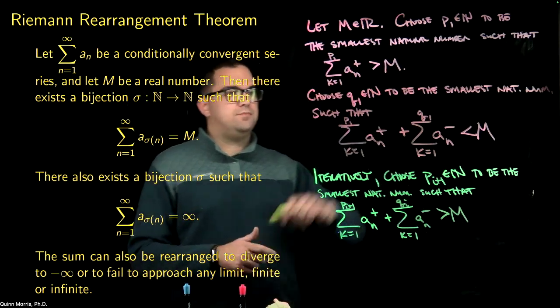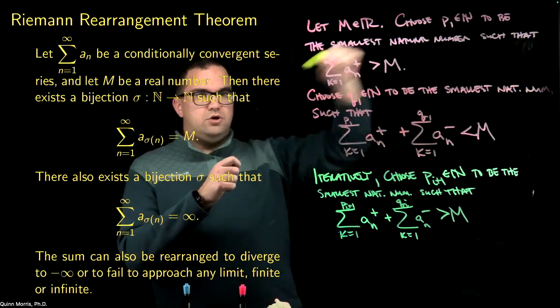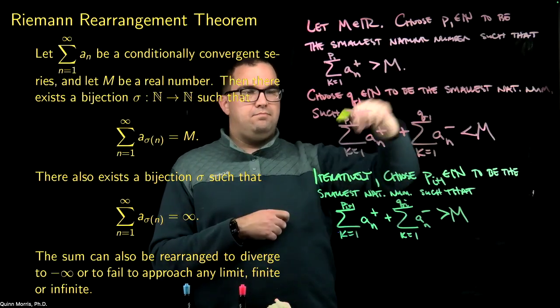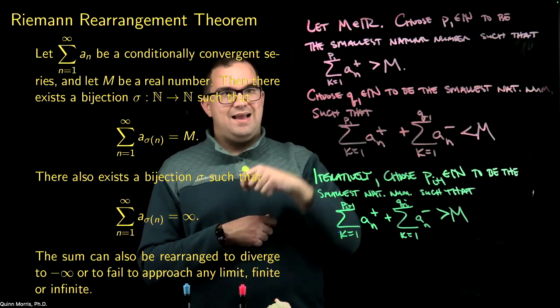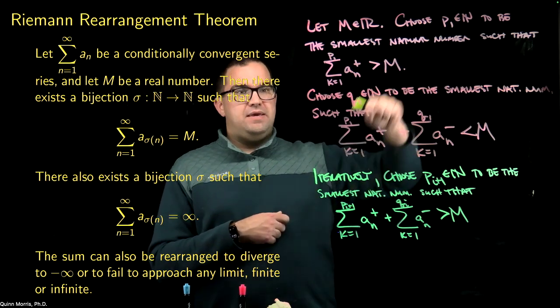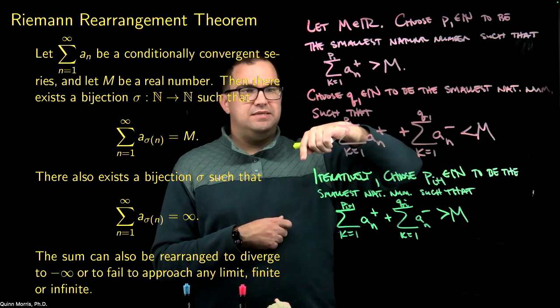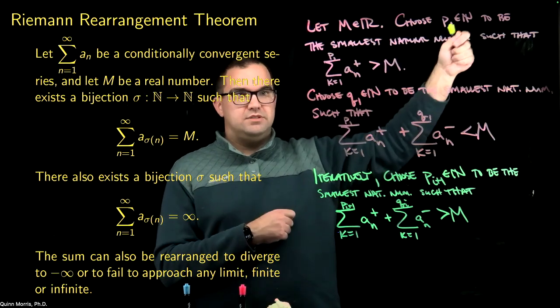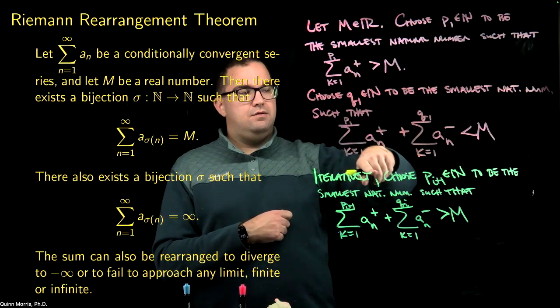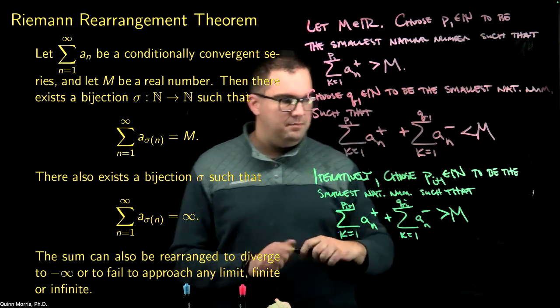So again, for p sub 2, I would basically say, p sub 1, those positive terms took me above m. Then I added in q sub 1 negative terms. That got me back down below m. Now I'm going to add in p sub 2, well, I'm actually going to add in p sub 2 minus p sub 1 plus 1 more terms, to get this sum back above m again.